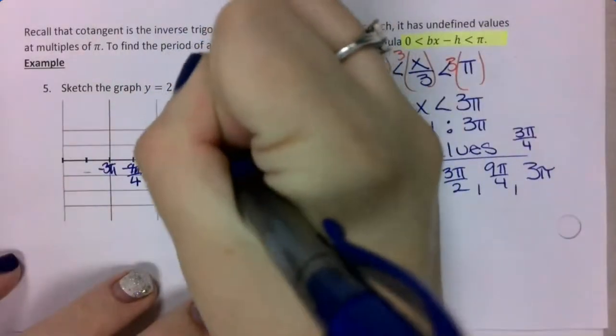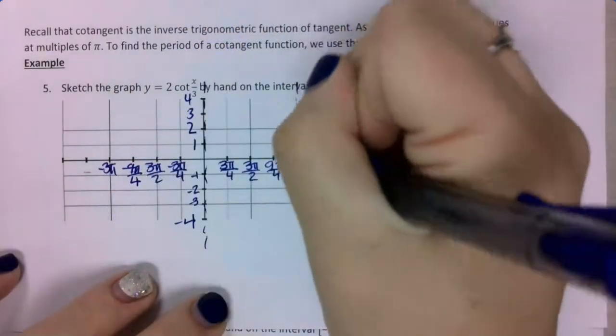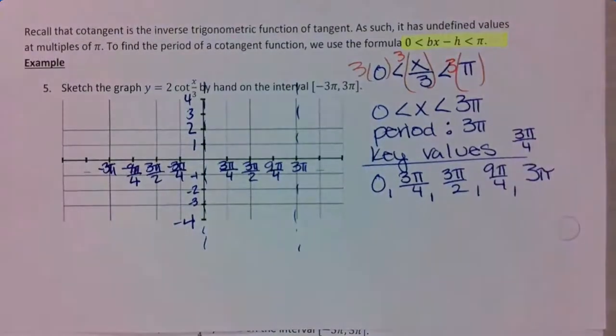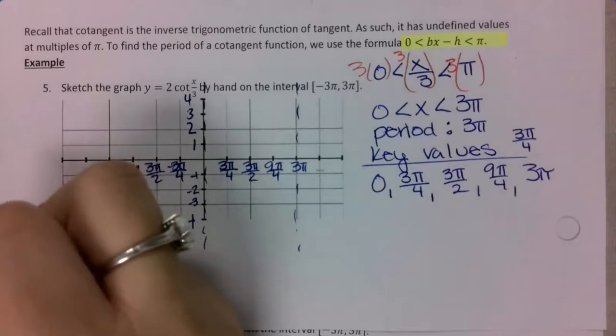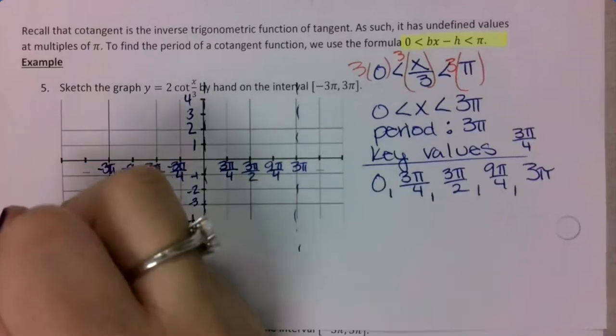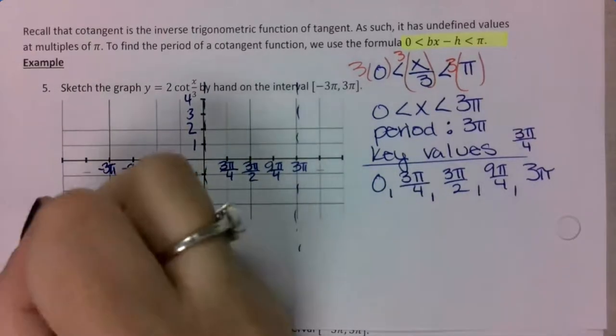So I'm going to have an asymptote at 0 and an asymptote at 3 pi. And then I just want to plug these into my equation. I'm only plugging in the 3 middle values again, because I know my two end values are asymptotes.